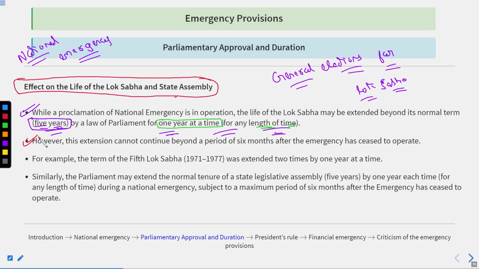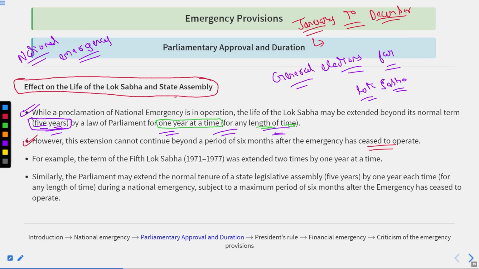However, this extension cannot continue beyond a period of 6 months after the emergency has ceased to be operated. For example, from January to December, for this time period, the extension was granted to the Lok Sabha. But what happened?